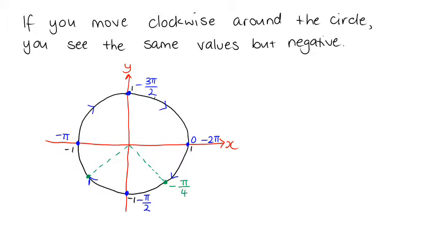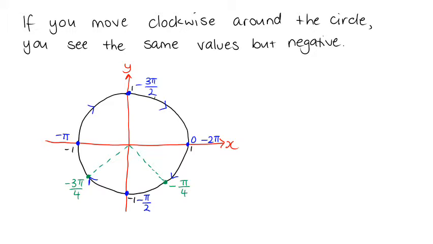Okay, what would this point be? We start at 0. Negative a quarter. Yes. Doesn't that first look like everything negative? Yes. It's going to look like the very first circle that we did, but you're just going the opposite way around the circle.